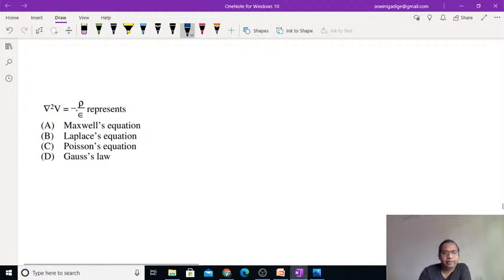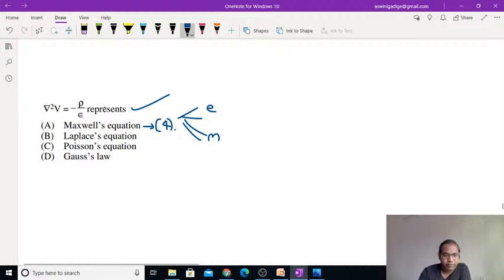Next, del square V is equal to minus rho by epsilon represents what? What does this equation represent? Is it a Maxwell equation? We have 4 different Maxwell's equations, right? We get 2 equations from electrostatics and 2 equations from magnetostatics.